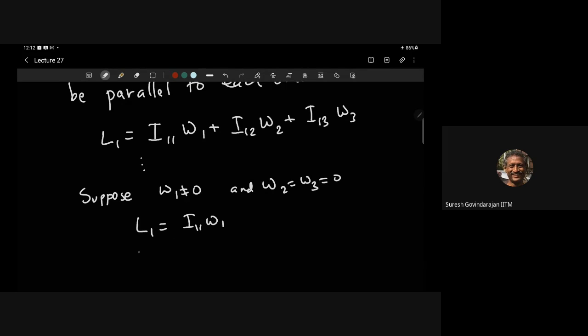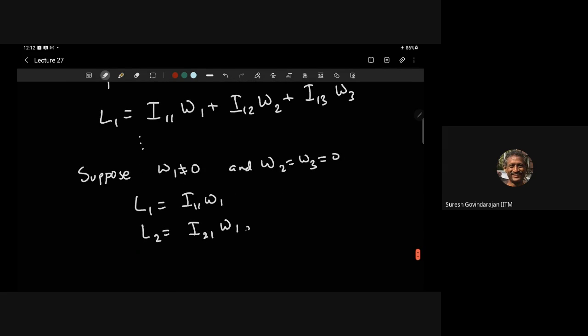If L were also that way, L2 and L3 should be 0, but L2 will have one term, I21 omega 1, and I21 need not be 0, right?